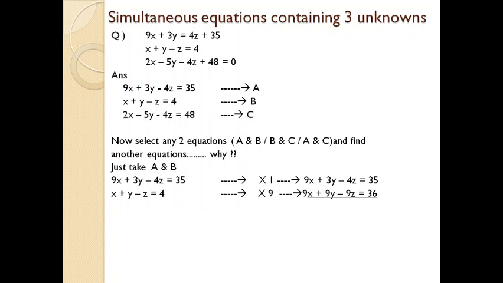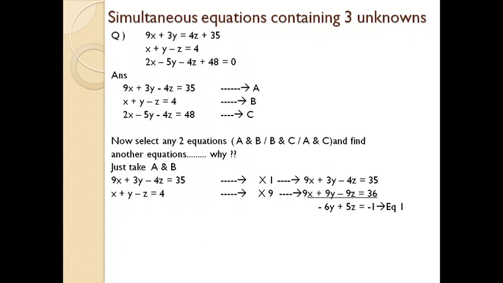In the second equation, x + y - z = 4, I multiply that equation by 9. Then you will get the equations 9x + 3y - 4z = 35 and 9x + 9y - 9z = 36. From that point onwards, I hope you are all aware of it. Next, you will get 6y + 5z = -1. This will be the first equation.